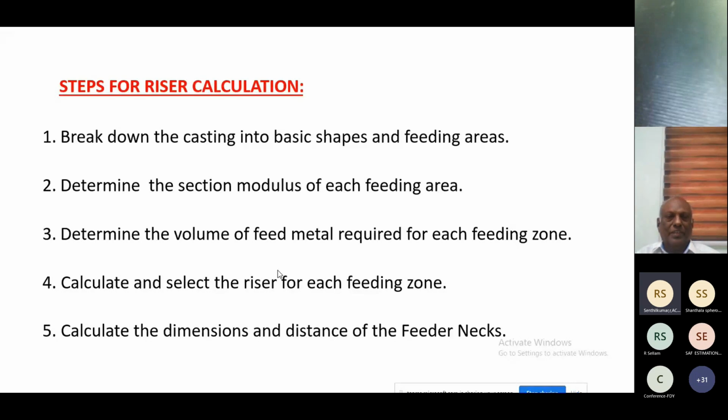Number 2, determine the section modulus of each feeding area. Number 3, determine the volume of feed metal required for each feeding zone. Number 4, calculate and select the riser for each feeding zone. Number 5, calculate the dimensions and distance of the feeder necks.